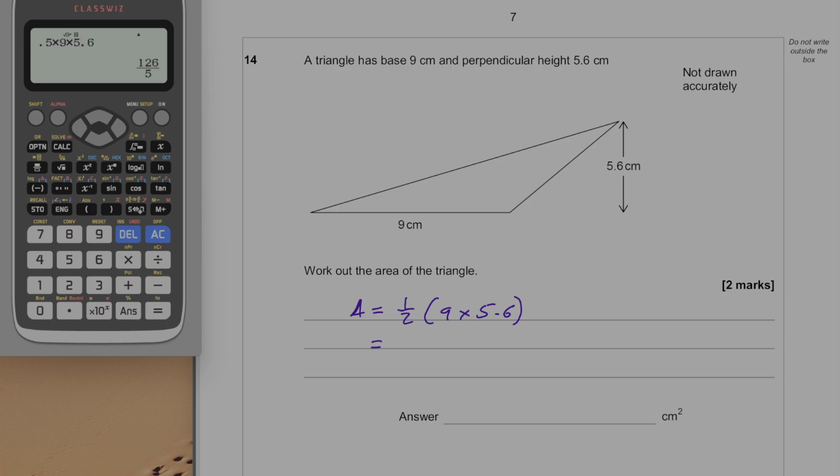So total area there is going to be 25.2 centimeters squared. We've got the unit there. I've got a feeling I might have pressed pause there, so just double checking. So the area of a triangle is a half base times perpendicular height, which gives me 25.2.